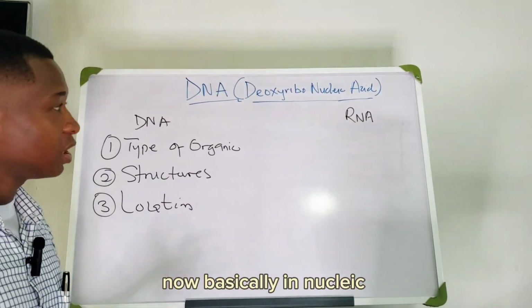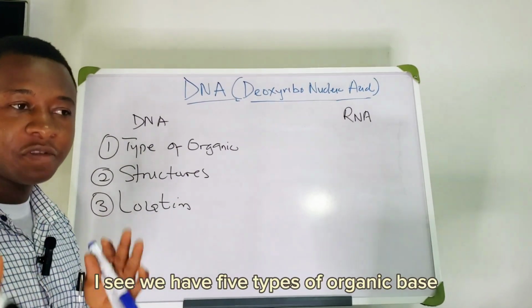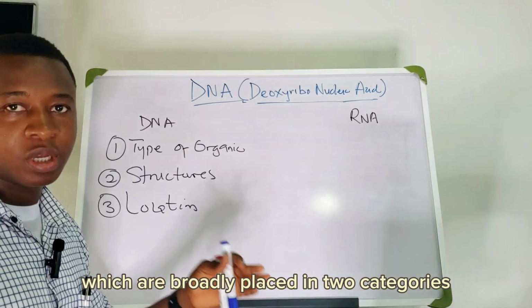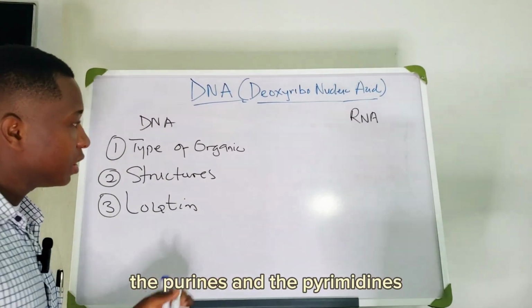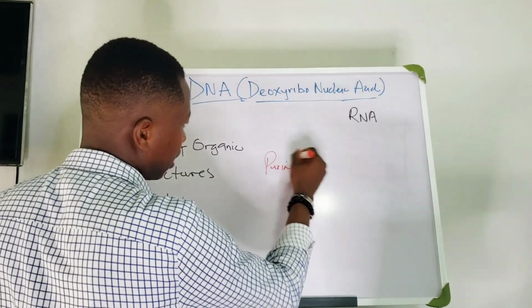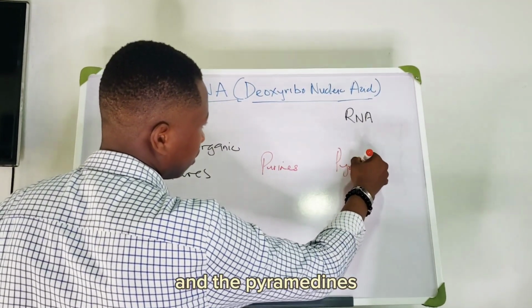Alright, so let's look at the type of organic base. Now, basically, in nucleic acid, we have 5 types of organic base, which are broadly placed in 2 categories: the purines and the pyrimidines.